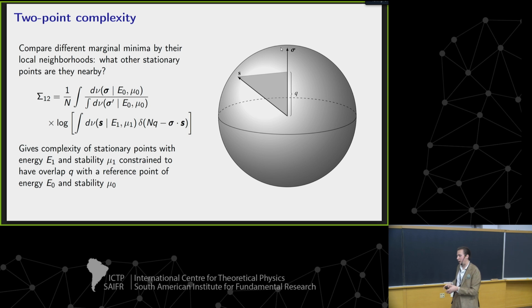So, for instance, for this motivation I've given you, you want to fix a marginal minimum with a certain energy, and you want to ask the question, conditioned on the fact that a second marginal minimum is nearby, as a function of distance or something, what's the complexity of the ones that I'm counting? And this is hopefully going to tell us something about the structure of these marginal manifolds.